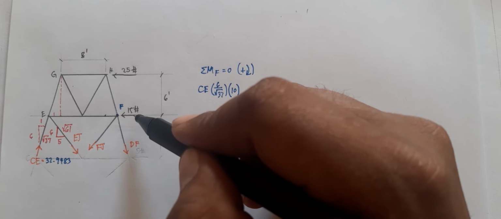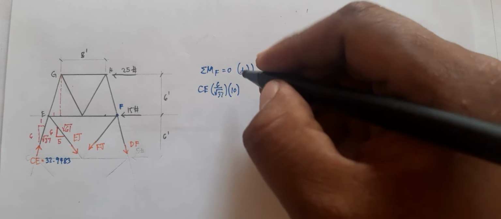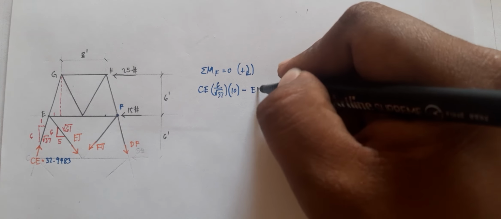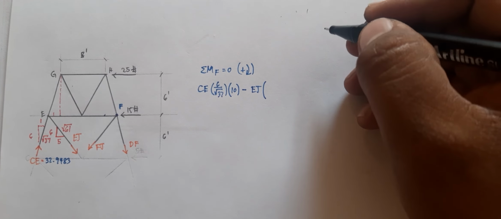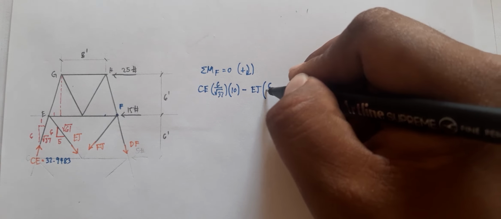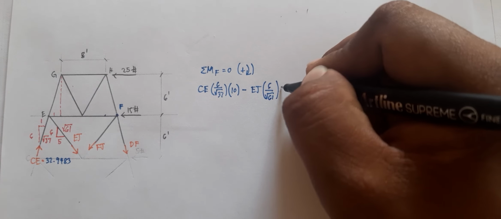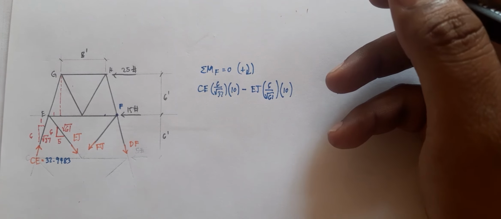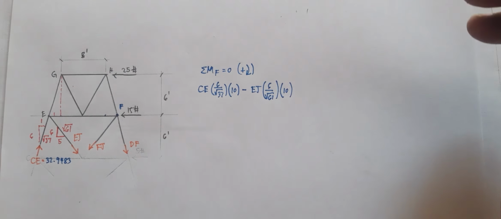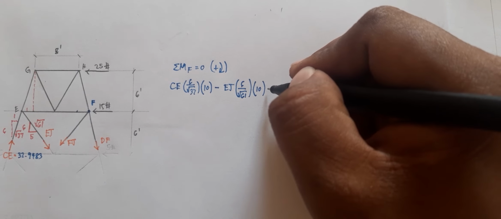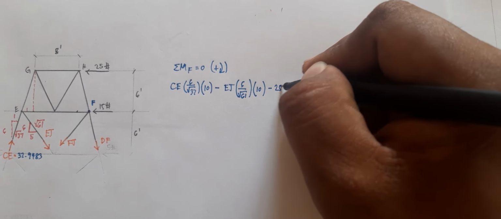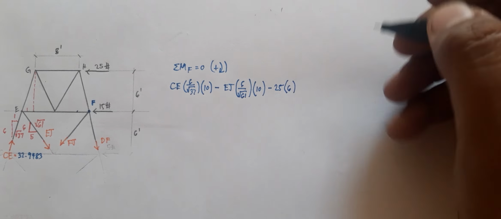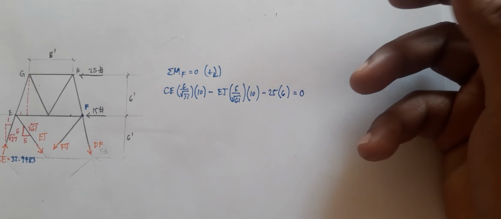So we go now to counterclockwise. Minus, first you have EJ, vertical component for EJ that is 6 over the square root of 61. Lever arm is the same, that is also 10. Horizontal component does not produce any moment. Next is minus 25. Lever arm for 25 with respect to F is 6. That would be equal to 0.